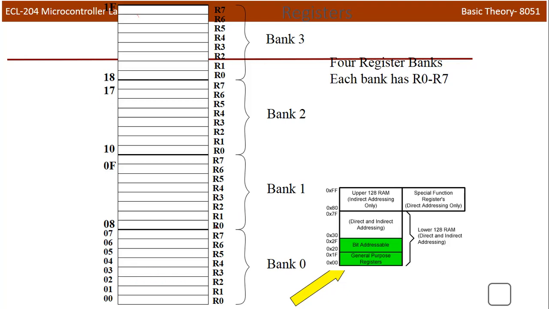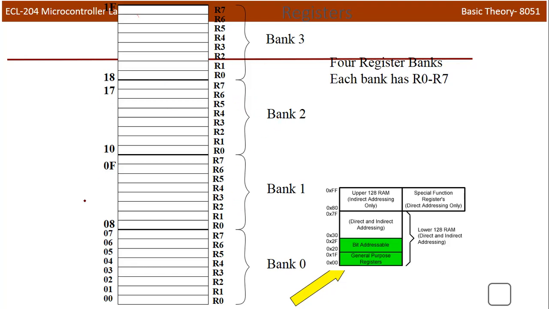But you can see that the same name is used in bank 1 also. The memory location 08 is also labeled as R0. So in order to differentiate these two, we use the bank select concept. Okay, so when you are using this particular name R0, you should also mention in which bank. We are using the register names R0 to R7, but at that time we should also mention in which bank.